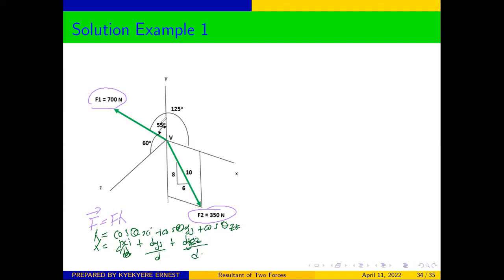But in this case, for F1, which is equal to 700, you have been given angles, and for this one you have been given distances.